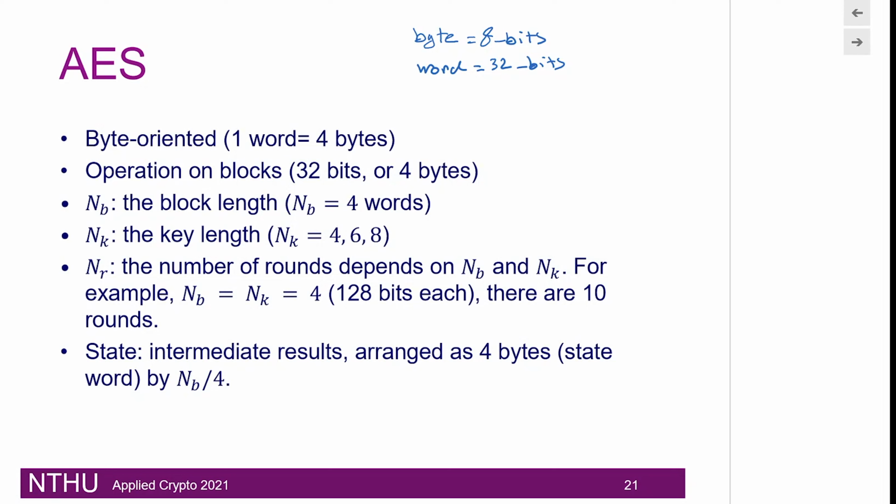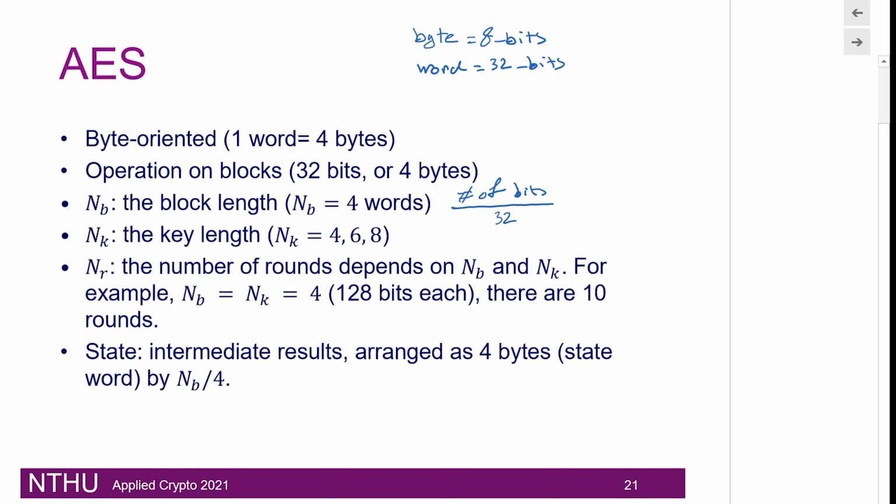We would like to define some variables for the AES algorithm. The number of block words, Nb, is defined as the number of bits divided by 32. For example, if you have 128 bits, then the block length is 4 words.